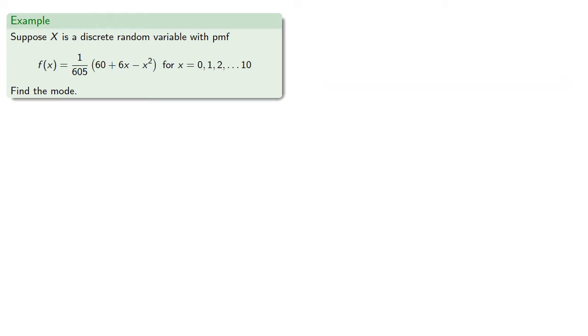So, suppose x is a discrete random variable with probability mass function. Let's find the mode. So we'll find the ratio of the probability that x is equal to some value and the probability that x is 1 more.